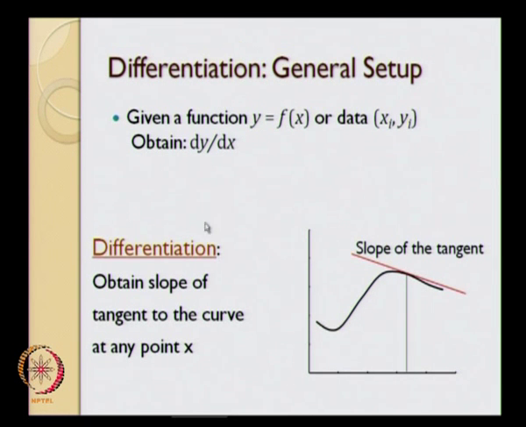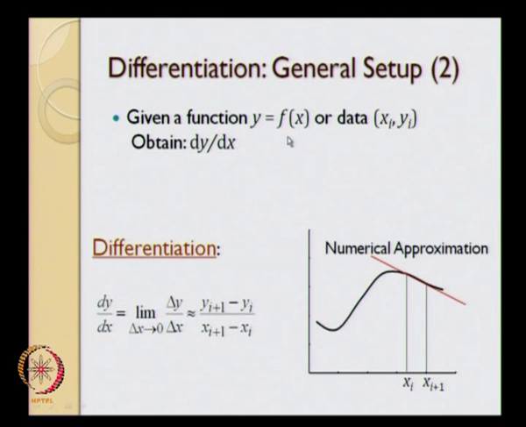But if f of x is not available, or if it is very difficult to differentiate f of x analytically, we can resort to numerical techniques. The definition of dy by dx is the limit as delta x tends to 0 of delta y divided by delta x, which we can approximately write as yi plus 1 minus yi divided by xi plus 1 minus xi.